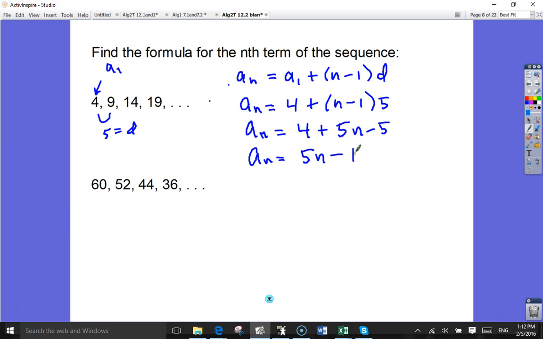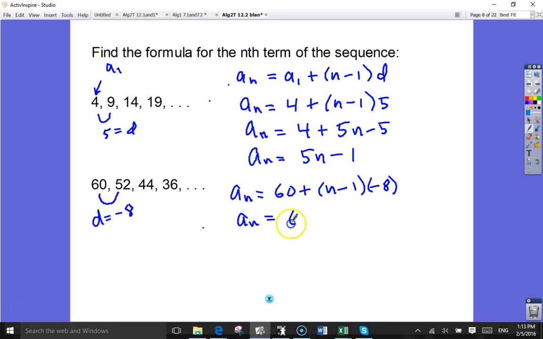How about the second one? What is the d on this one? Yeah, this d equals -8. So we're going to say an equals, the first term is 60. The d is -8. And then we simplify.